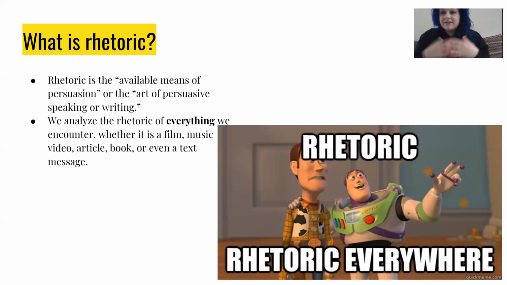Maybe we're at a gravesite or a funeral, or someone has just found out they have an illness, something like that, right? We expect that just from the setting, just from what we see within the first 2 seconds of a film, okay? So you already do this kind of analysis with everything. It's just a matter of being aware of it and fine-tuning your critical thinking and awareness of it, okay?